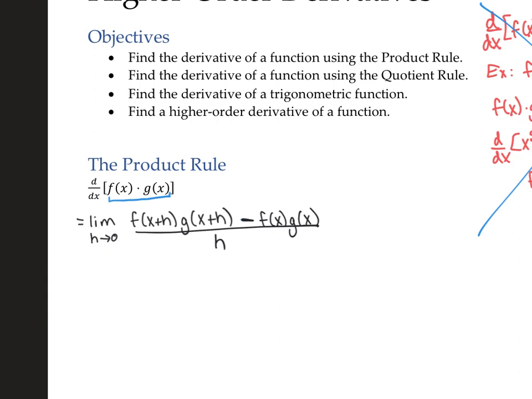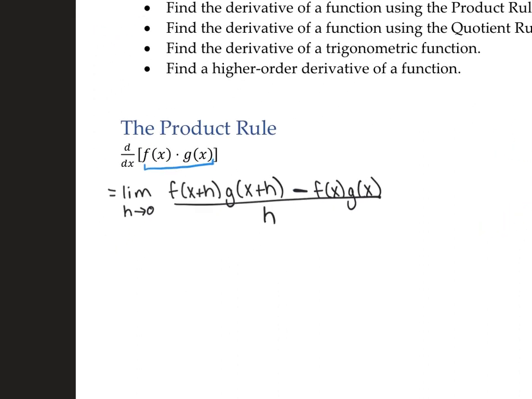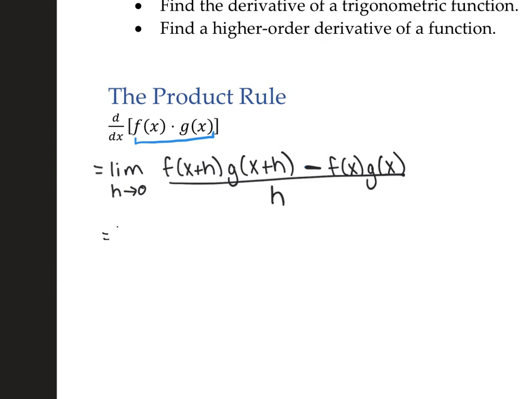Now at this point, I don't really know where to go with this unless you happen to know what the trick for this proof is. You're not expected to come up with this on your own, but hopefully you can understand once you see it how this trick helps us. So I'm going to employ a technique that will change how this expression looks without actually changing the value of it. I'm going to scoot this minus f of x, g of x off to the side.